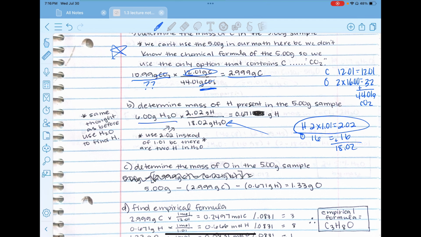So that was simply 12.01 for the carbon. But because we have 2 hydrogens, we got to multiply it by 2, so we get that 2.02. Now, mathematically, solving it the same way, make sure we get this. It's a trick, it's a trick. So mathematically in the calculator, you're going to type in 6 times 2.02, and then we're going to divide that answer by 18.02 to get our final answer of 0.671 grams of hydrogen.